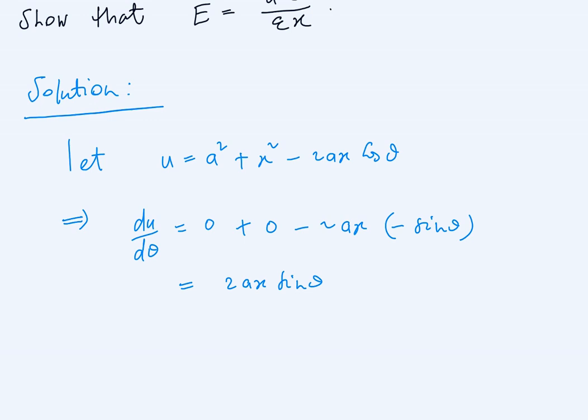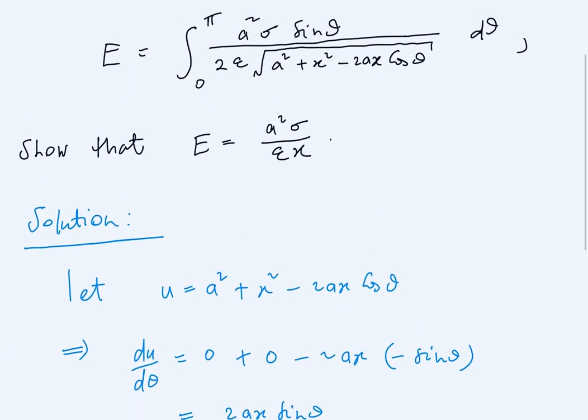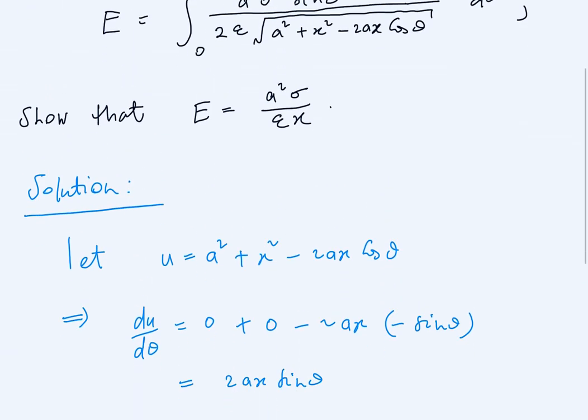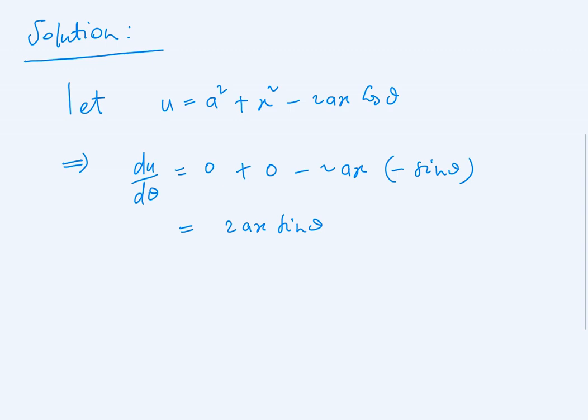Now let us write d theta in terms of du, because we're going to substitute d theta in the integral. So we're going to cross multiply, and by cross multiplying, we get that du divided by 2ax sine theta is equal to d theta.